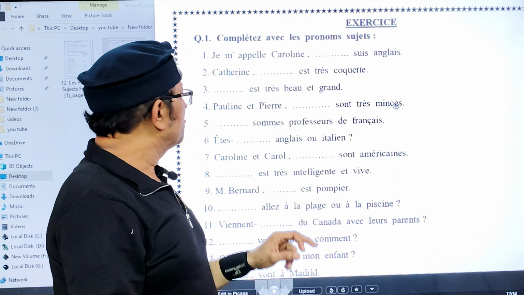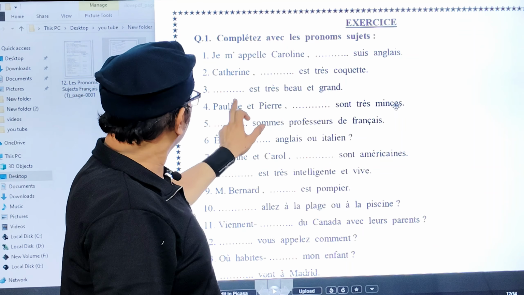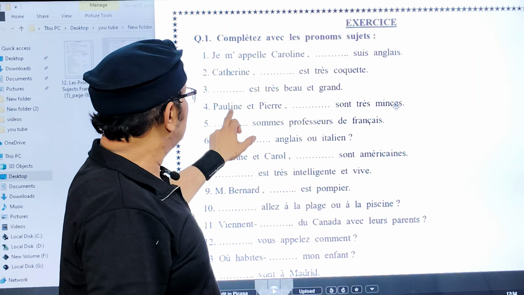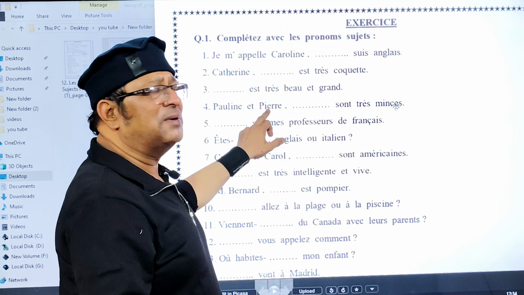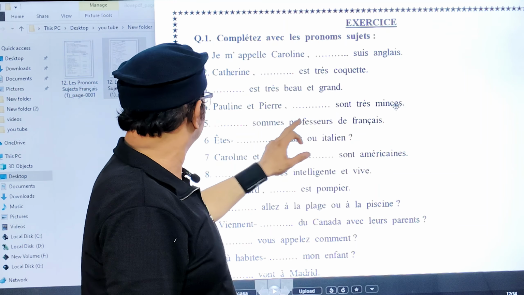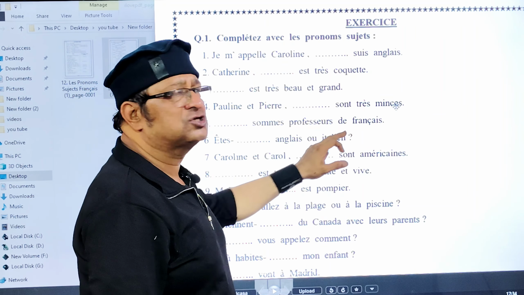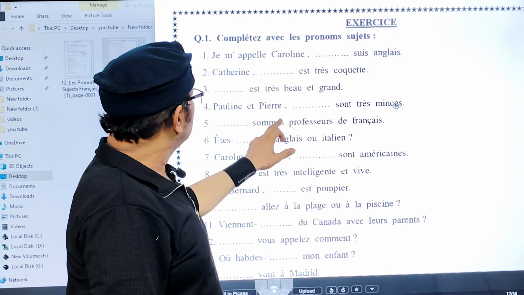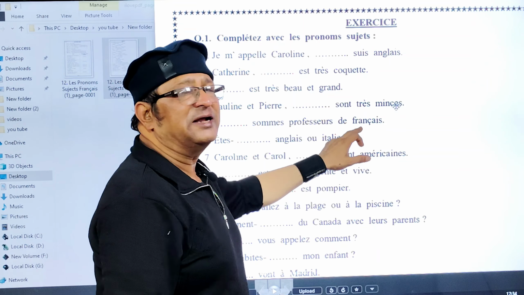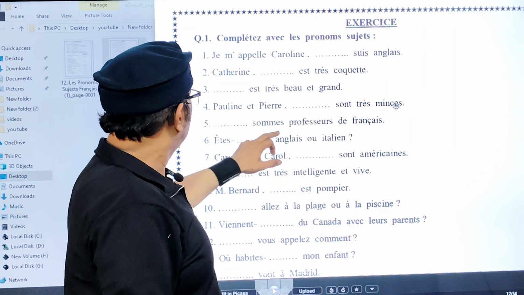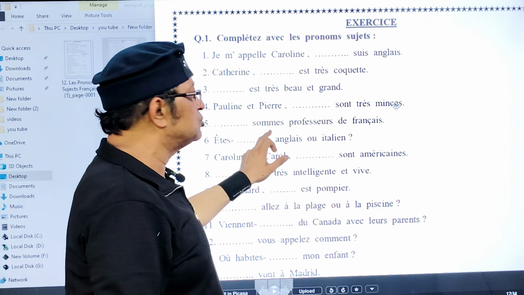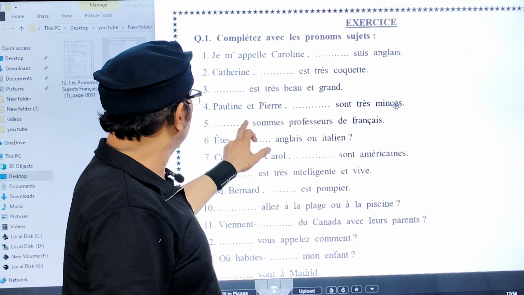They are very thin. This one is feminine and this one is masculine. We will take masculine form. So ils sont, ils. Numéro 5, dash sont professeurs de français. We are professors of French. This verb is être verb. So we are, nous.